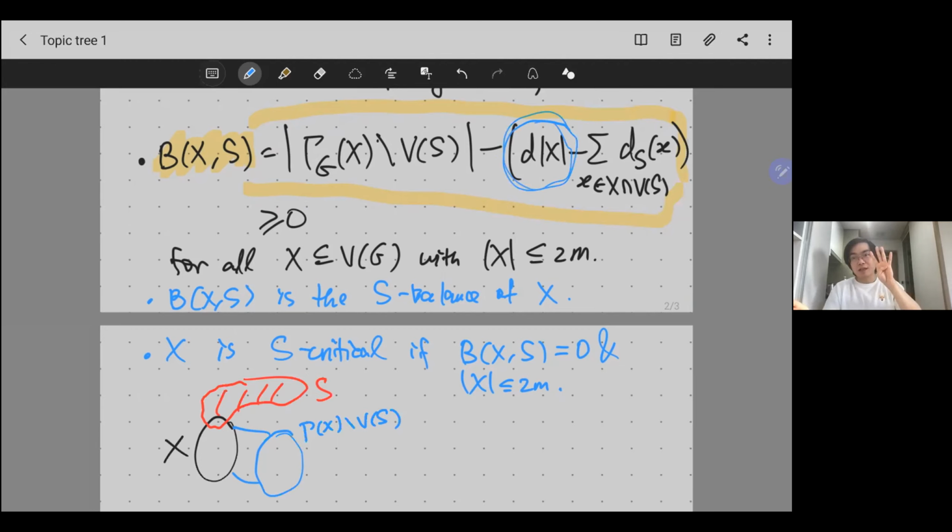D times X. But of course, some are already done. So we minus some already embedded. The second term here, subtracted from D of X, is those with already the neighborhood of X in S in the partial embedding.